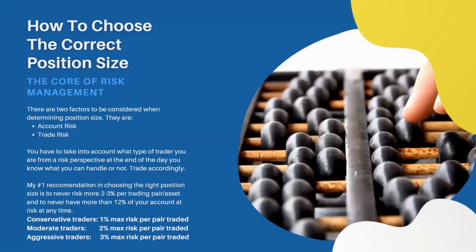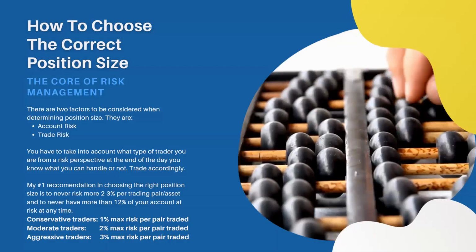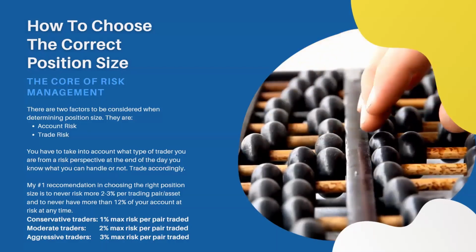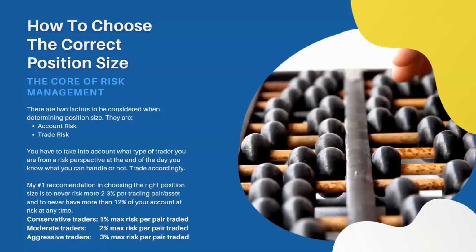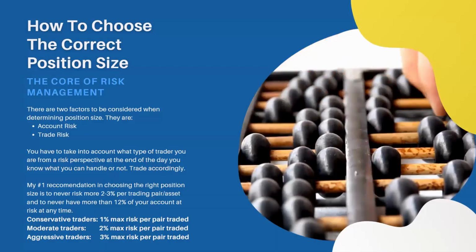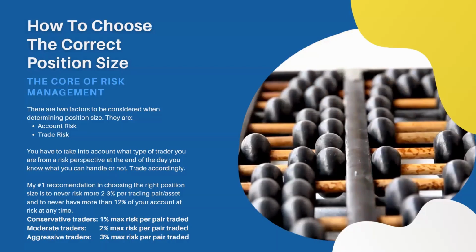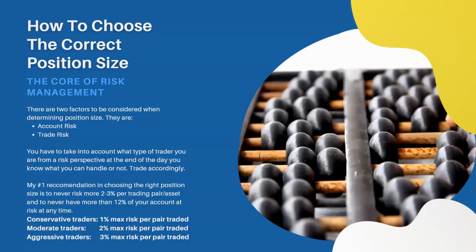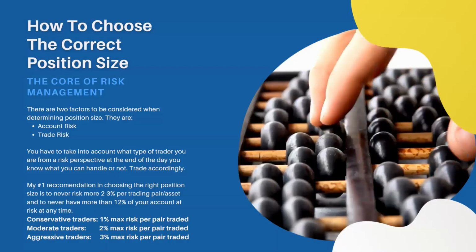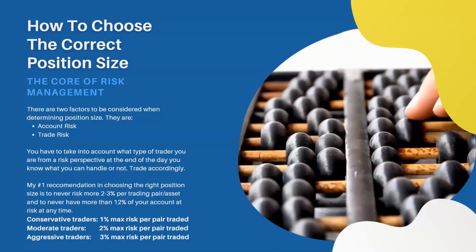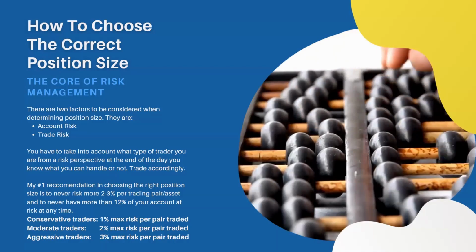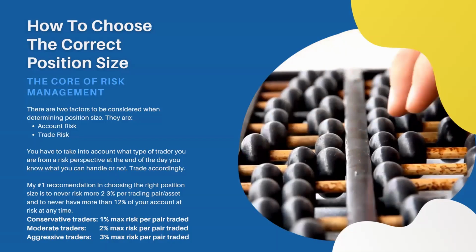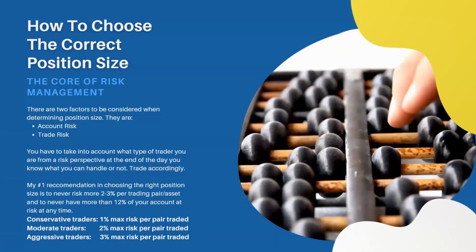My number one recommendation in choosing the right position size is to never risk more than 2 to 3% trading a pair or an asset, and to never have more than 12% of your account at risk at any time. So as a rubric, what I've seen work and what I've done to make things work for my trading is, for conservative traders, if you know that you're conservative, trade that 1% max risk per pair traded.